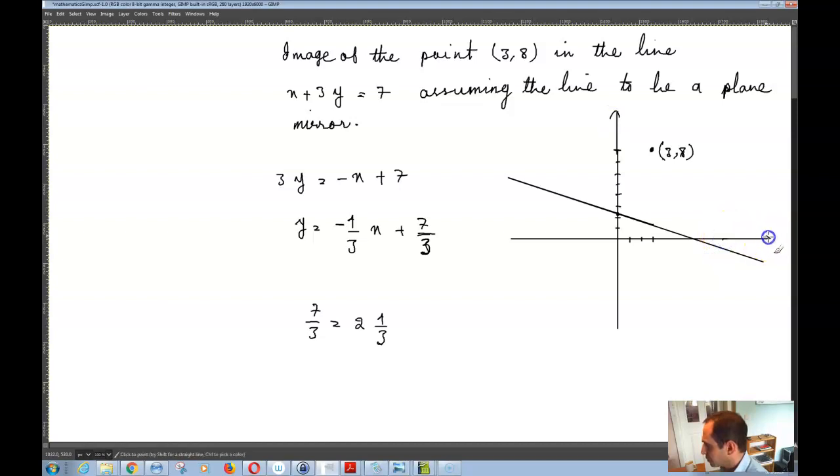And of course, this is your x and y axis. So this line over here is x plus 3y is equal to 7.